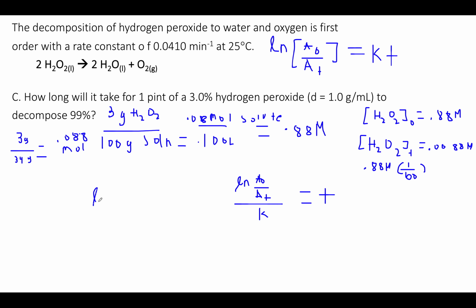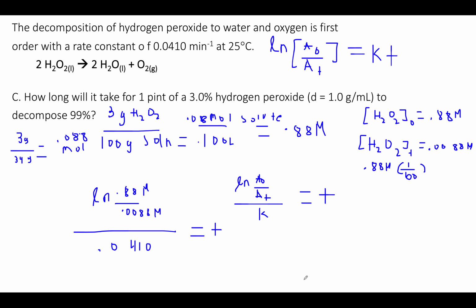So the ln of 0.88 divided by 0.0088, and that will give us a numeric value, just remember that, over k, which is 0.041, will equal the time that it takes for 99% of the sample to decompose.